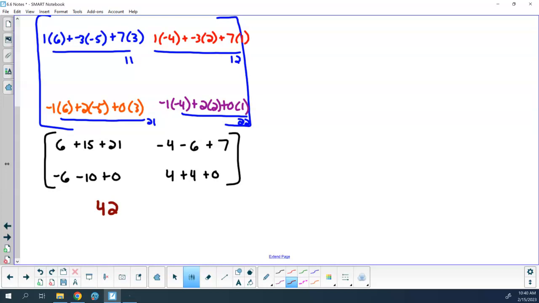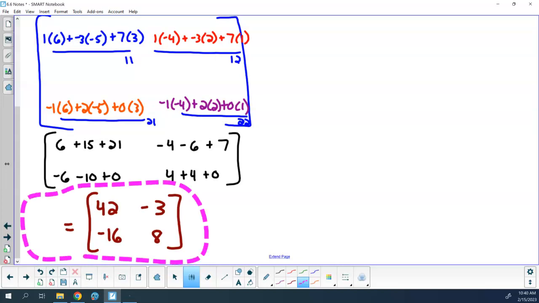Negative 10 plus 7 is negative 3. Negative 16 plus 0 is negative 16. 8 plus 0 is 8. I get the 2 by 2 matrix: 42, negative 3, negative 16, 8. That was A times B.